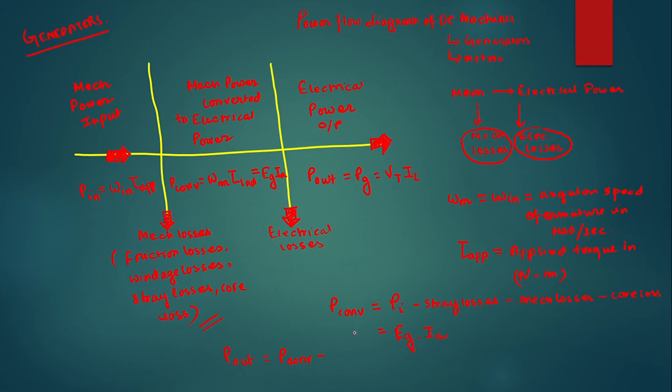So P converted minus electrical losses, or renownedly known as I square R losses, minus the brush loss, right? Which in turn gives Vt into IL, which is the terminal voltage and the load current, right?